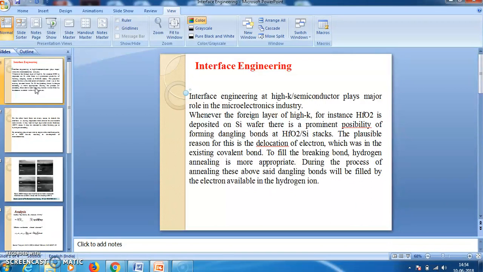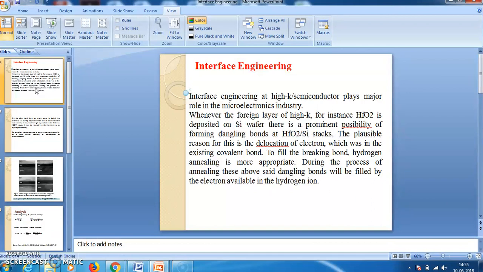So people started thinking about different high-K materials, as we discussed in the earlier class, and finally they chose hafnium oxide. Hafnium oxide has a dielectric constant of 25. Titanium oxide, tantalum oxide, zirconium oxide, hafnium oxide, all these dielectric materials have high dielectric constants. Among them, due to conduction band offset values, valence band offset values, and thermal and chemical stability with the semiconductor substrate, by considering all these parameters, people chose hafnium oxide.